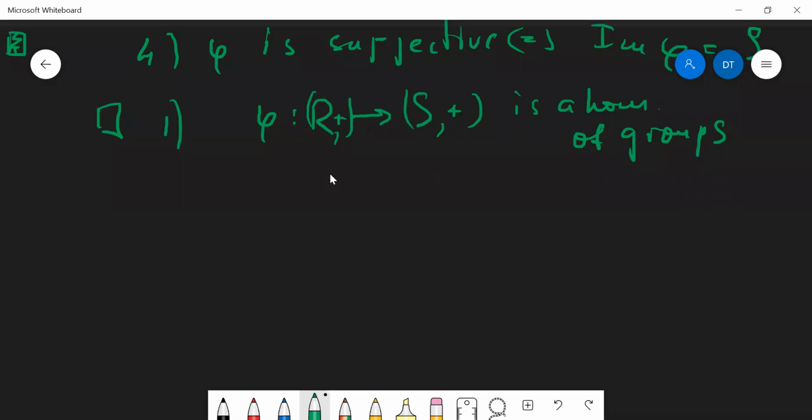So from the version of this result about groups, we know that the kernel with respect to addition is a normal subgroup of R plus. Well, addition is commutative, so it doesn't matter normal or not, every subgroup is normal. But what is important here is that the kernel with addition is a subgroup.